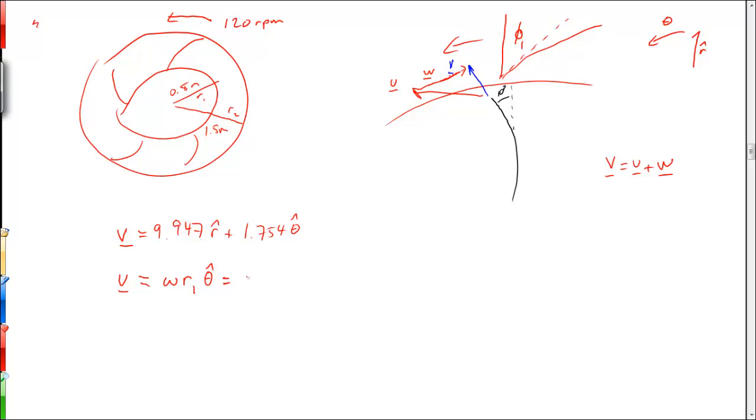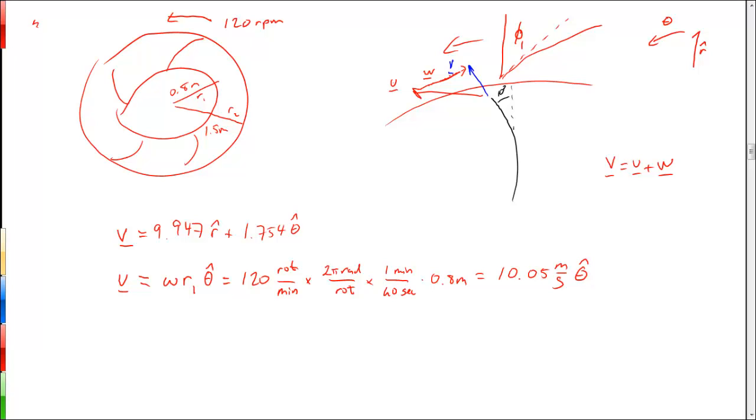So this is equal to 120 rotations per minute, and we have to multiply that by 2 pi radians per rotation, and 1 minute is 60 seconds. So that's the omega part, and then r is 0.8 meters, and when we do the math on that, we get 10.05 meters per second in the theta hat direction.